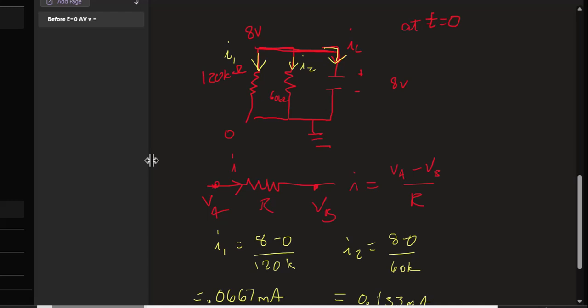So I have 0.0667 coming down here, and I have 0.133 coming here. So what does that mean has to be happening right here?